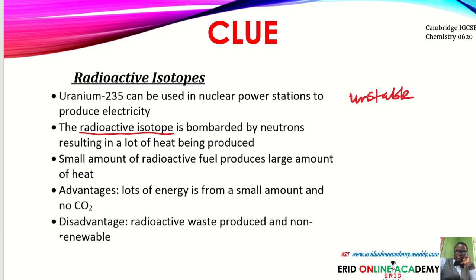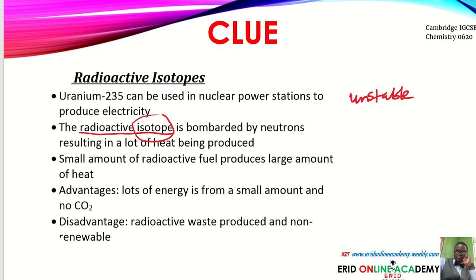Just do a quick revision on radioisotopes and the uses of radioisotopes, and of course remember the definition of isotopes: atoms of the same element that have different mass numbers as a result of the difference in their neutron number.